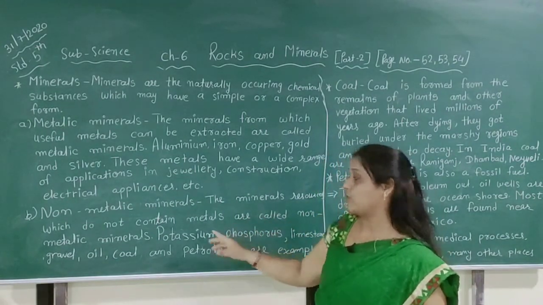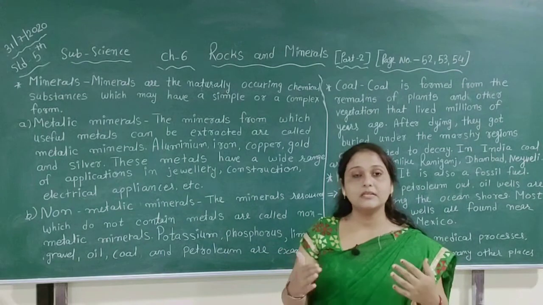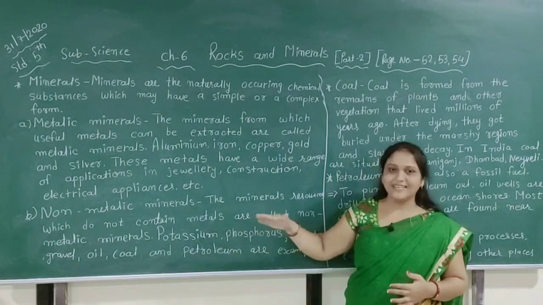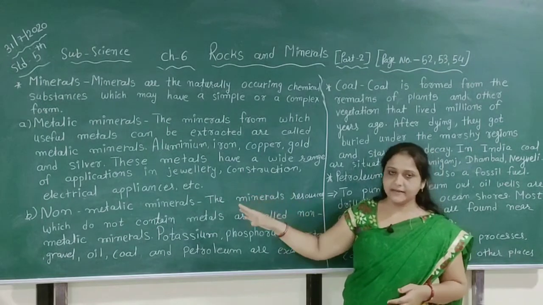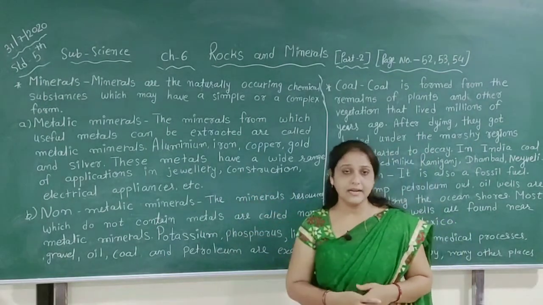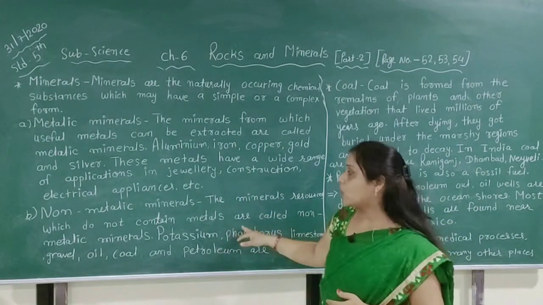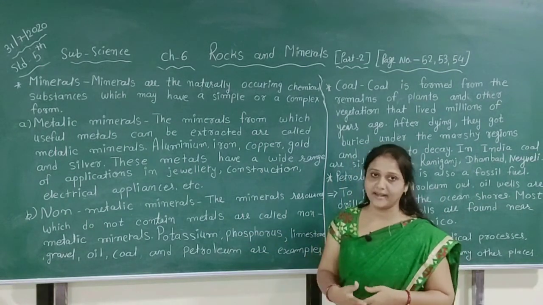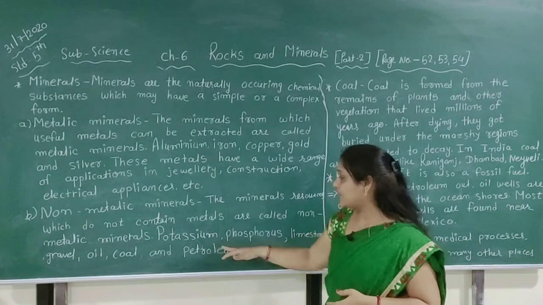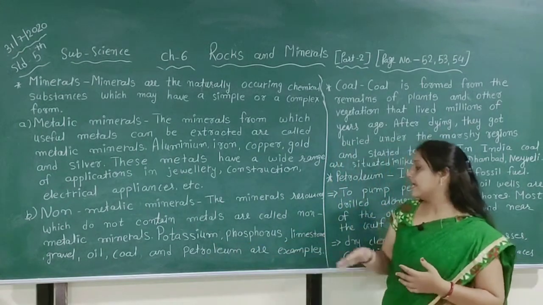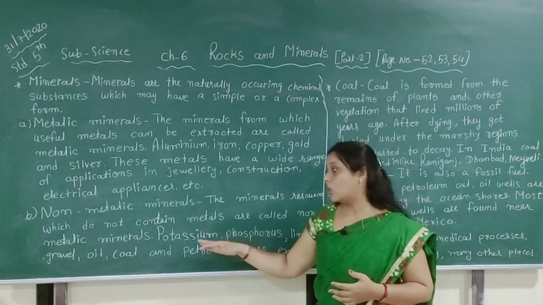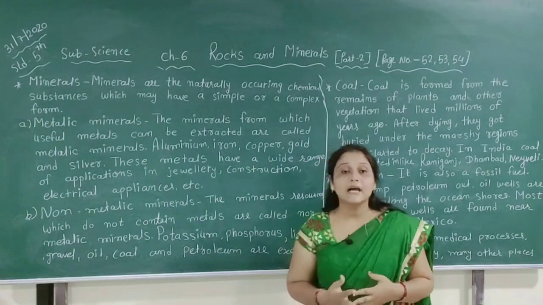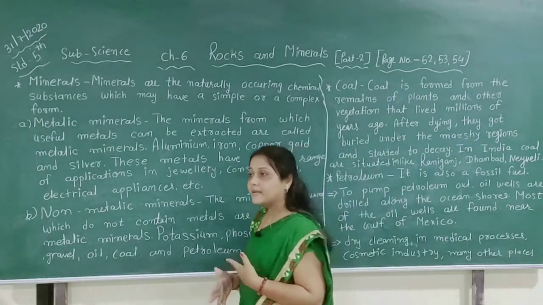Minerals which contain metals are called metallic minerals, and those which do not are called non-metallic minerals. For example, potassium, phosphorus, limestone, gravel, oil, coal, and petroleum are examples of non-metallic minerals.